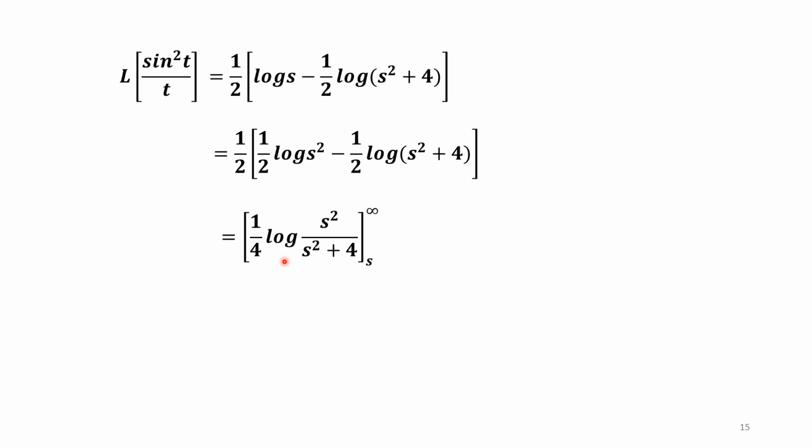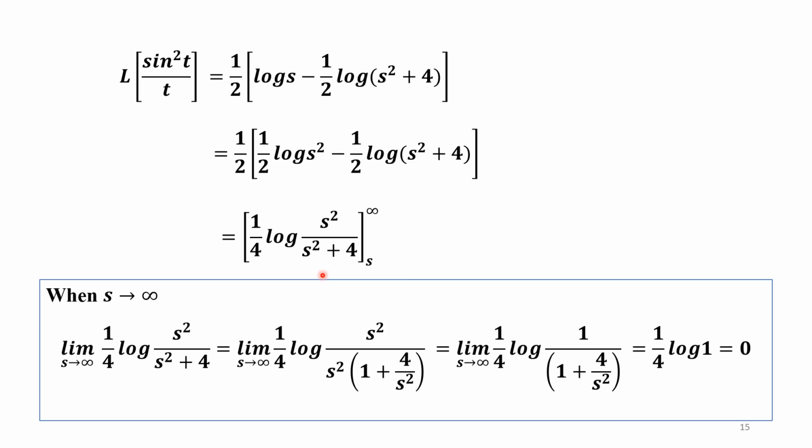So we have to take s square outside from the denominator, cancel that, and then apply the limit as s equal to infinity. Putting s equal to infinity, again we will get this term to be equal to 0. Whenever we substitute s equal to infinity, the upper limit is always equal to 0.